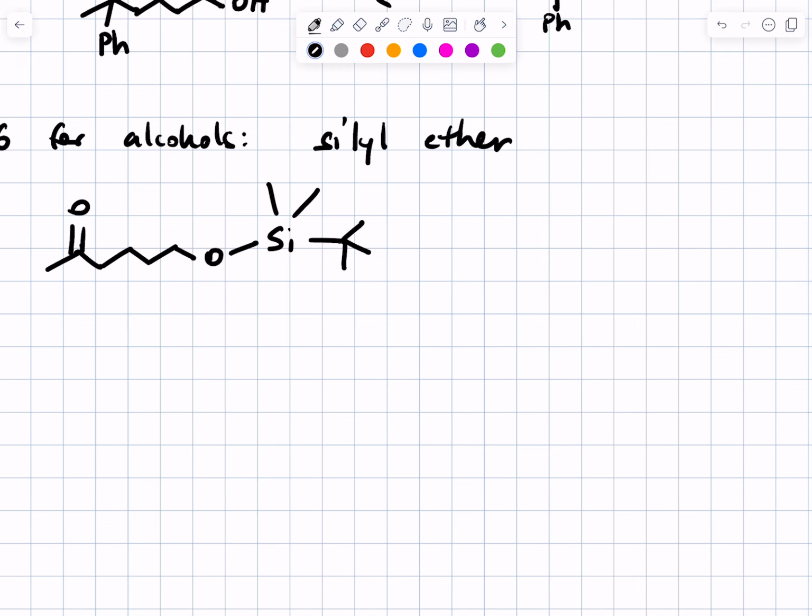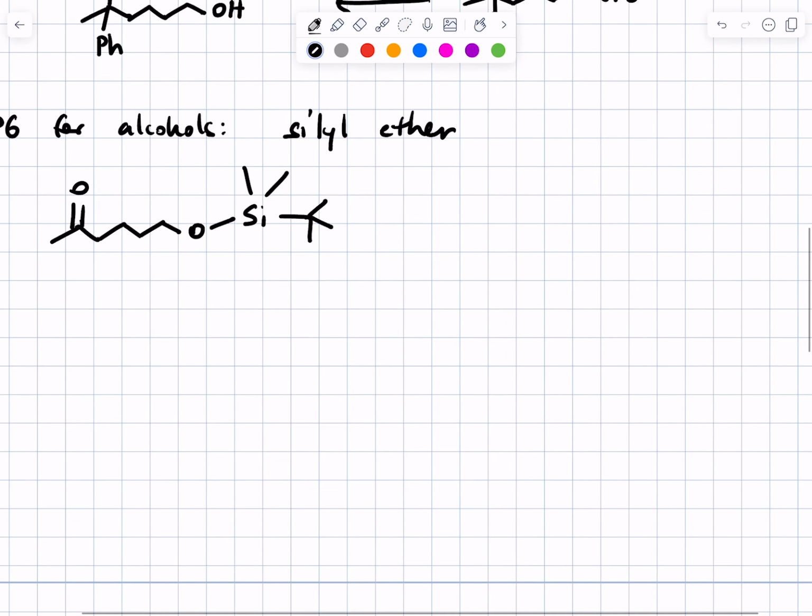Now, because we get tired of saying that, and because we even get tired of drawing it, organic chemists use an abbreviation for the silyl ether. You just draw the oxygen and then you use the acronym TBDMS, tert-butyl dimethyl silyl ether. That's the protecting group.